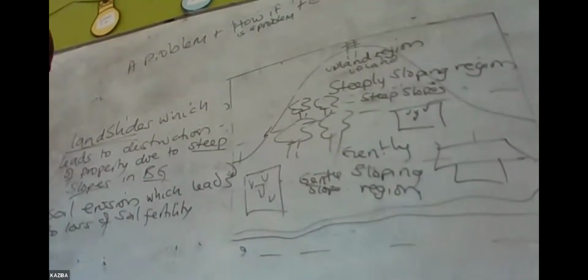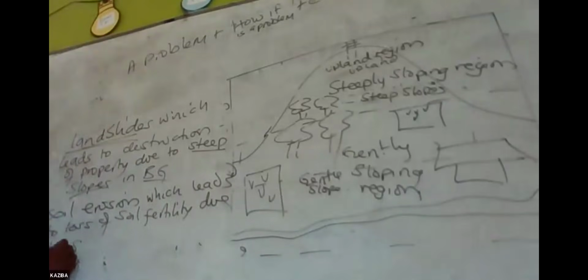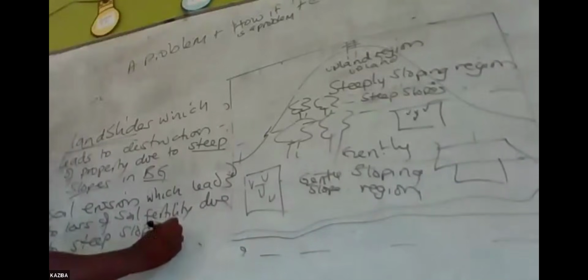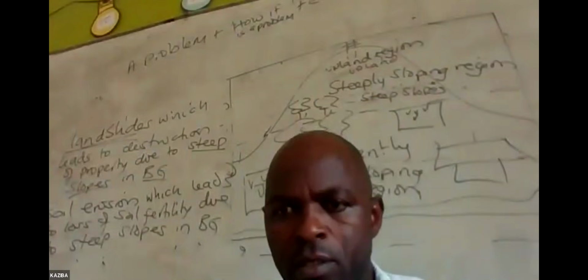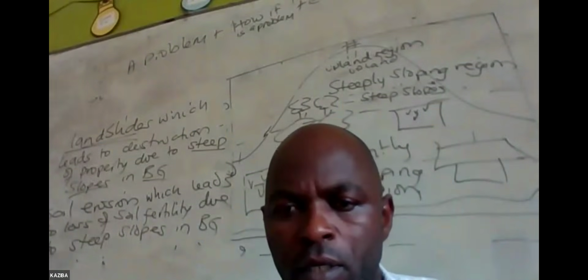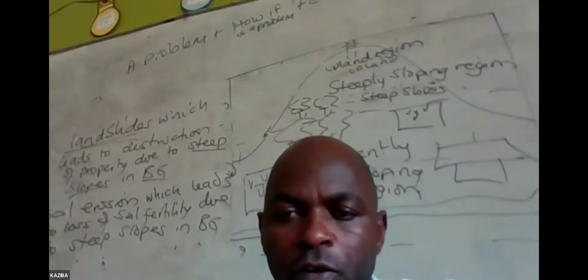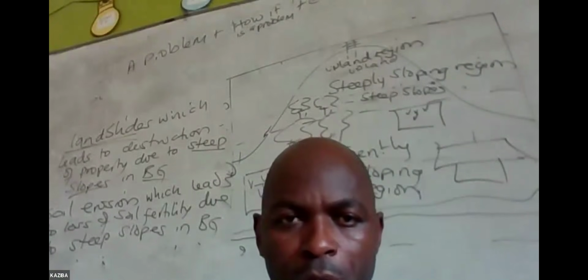Still due to steep slopes in the background. Are you following? Yes. It is a must to write the background. If you don't refer to the ground, you don't get a mark. So it is a must.